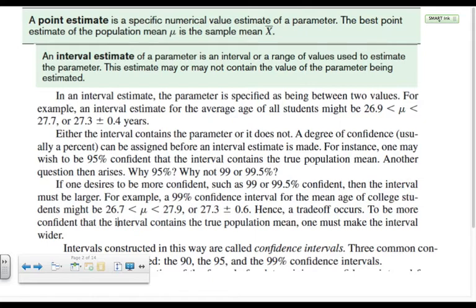So we start with confidence intervals, and we're going to build on this idea in chapters 8 and 9. We start with this idea of how confident am I that my mean is real, or what means would be realistic for my data.